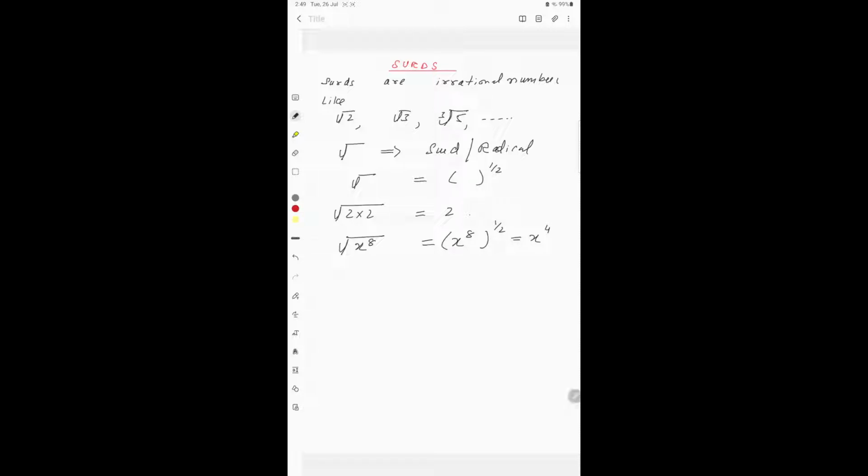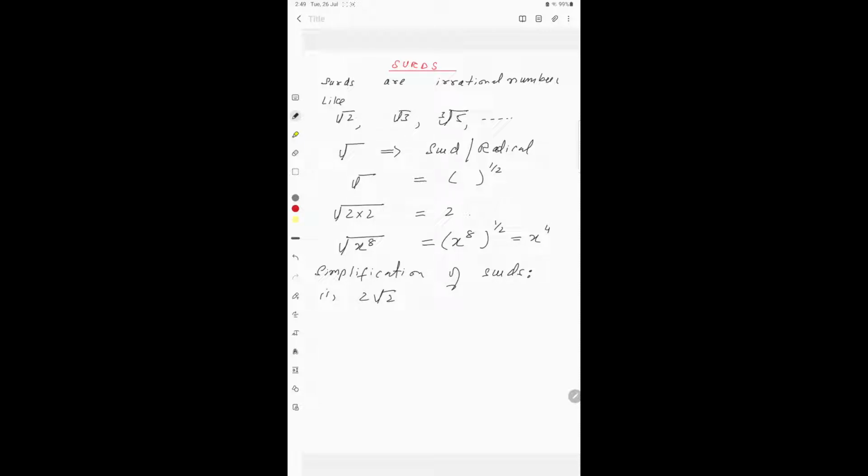Now we'll consider some examples under simplification of surds. I give you one example.